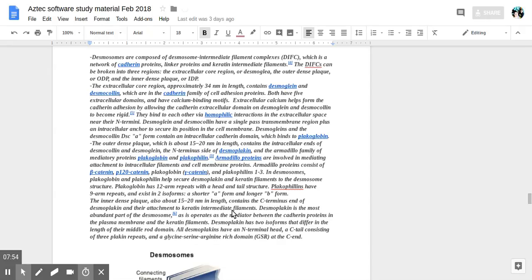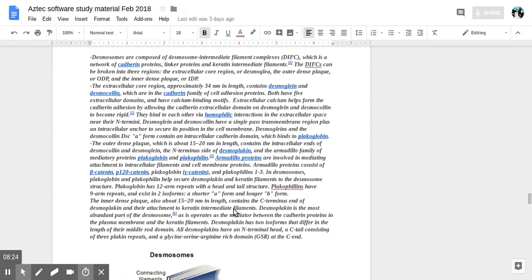These consist of beta-catenin, P120 catenin, plakoglobin, plakophilins, etc. In desmosomes, plakoglobin and plakophilin help secure desmoplakin keratin filaments to the desmosome structure. Plakoglobin has 12 arm repeats with a head and tail structure. Plakophilins have 9 arm repeats and exist in 2 isoforms, a shorter alpha and a longer beta form.